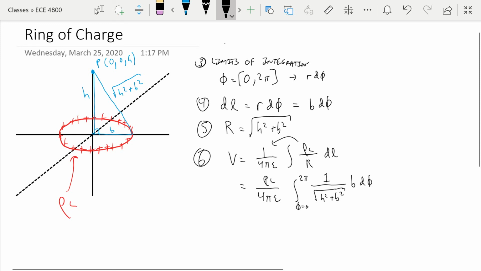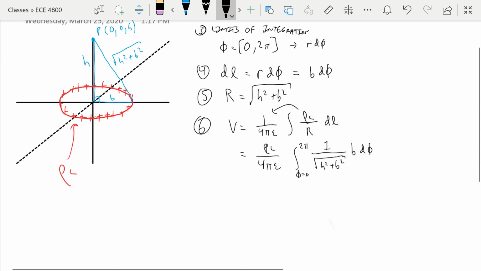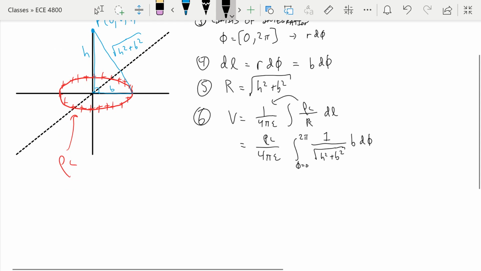All right, now let's look at our integral here. This is actually fairly simple because you can see that none of these variables, 1, h, b, change as a function of phi. So this whole thing is a constant here. This whole thing can come out of the integral.